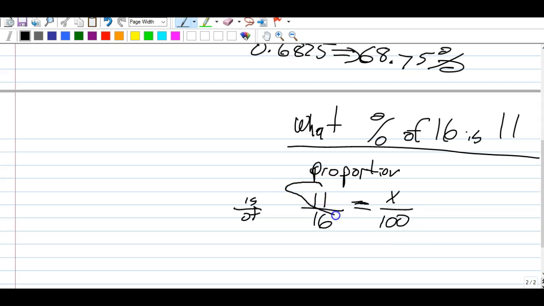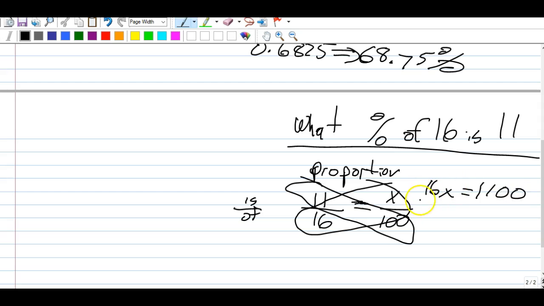So I'm going to cross multiply, take the cross products, and that gives me 16x is equal to 11 times 100, which is 1100. And then I'm going to divide each side by 16, as we did when we were solving equations.